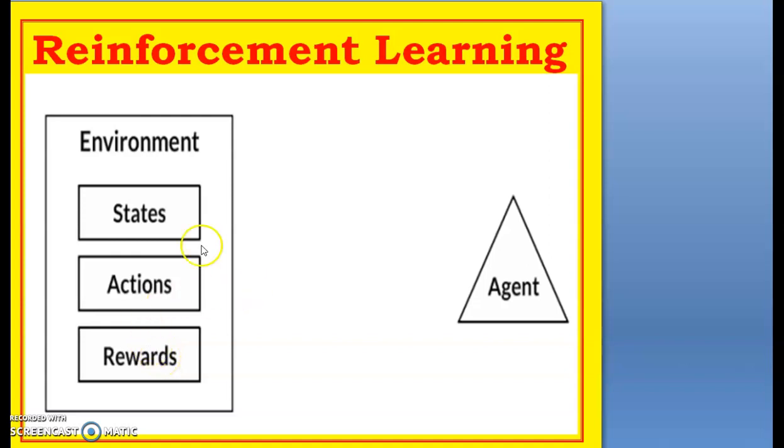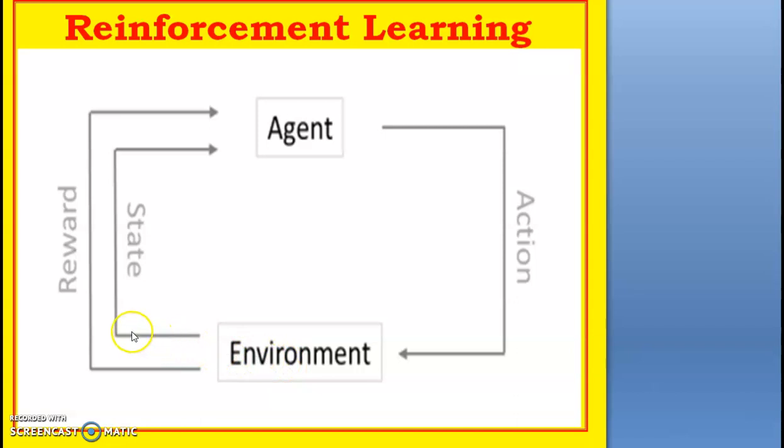Now let us see how the environment and agent interact with one another. From the environment, the state goes to the agent. So the agent acts accordingly. Now as per the action, the environment gives the reward to the agent.